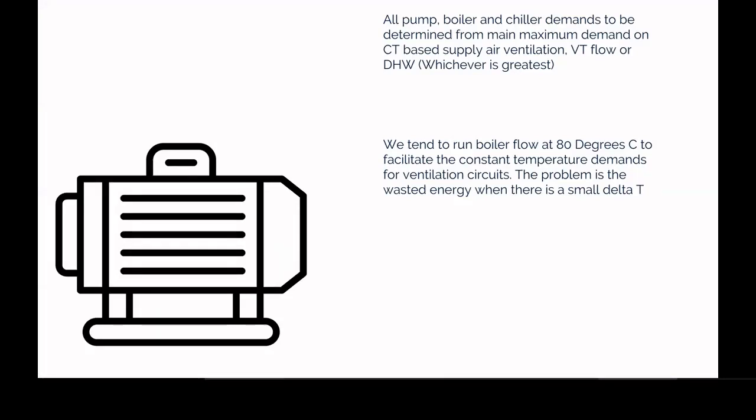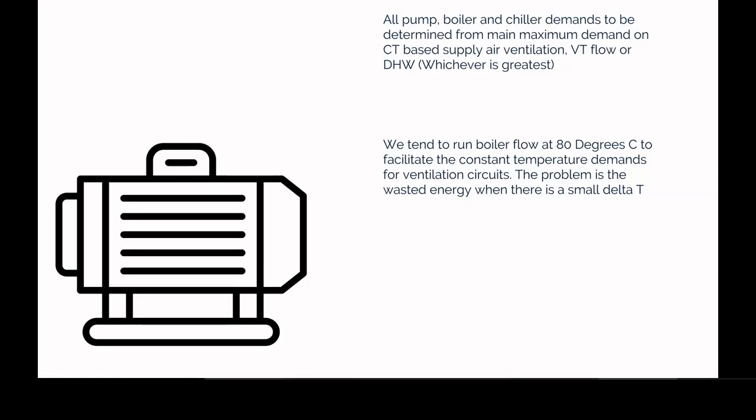Let's talk about the VT as an example. The VT circuit typically runs at 80 degrees when it's 0 outside, and somewhere around 20 or 30 when it's 20 degrees outside. So where these two circuits both have a maximum requirement for demand, using either of them should be the first point you use to calculate your boiler flow.